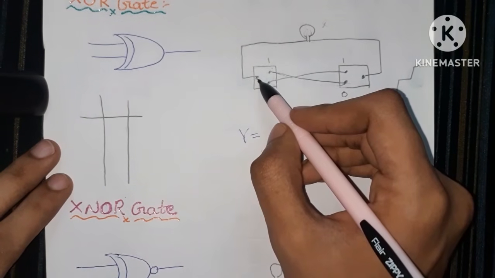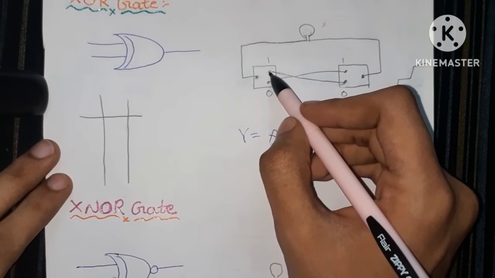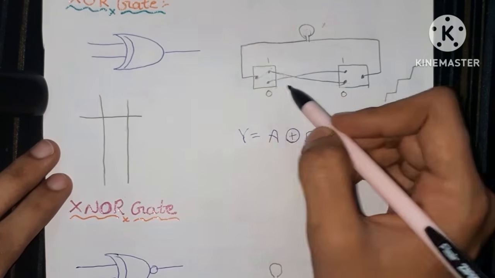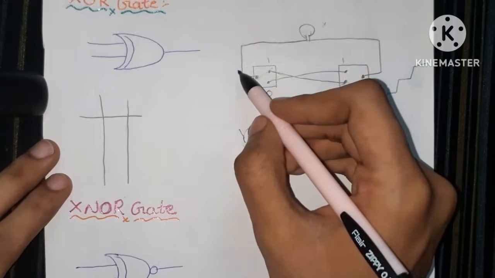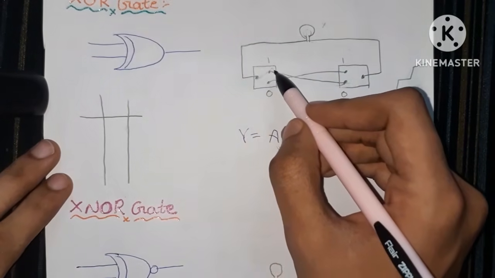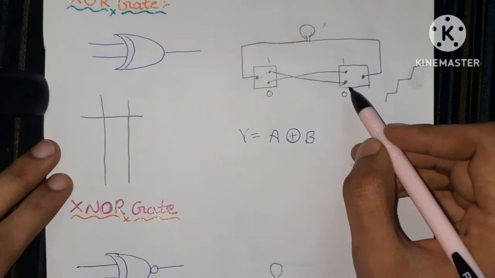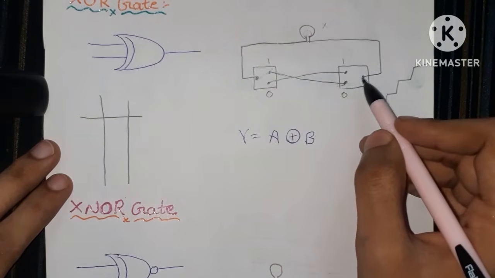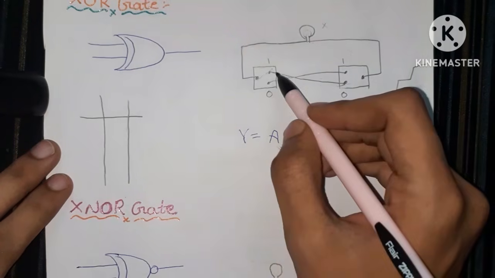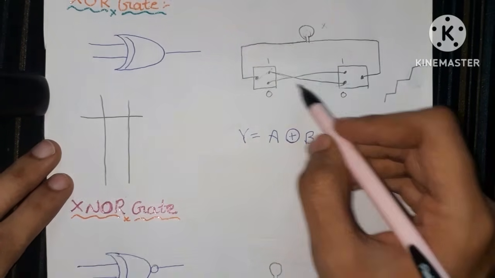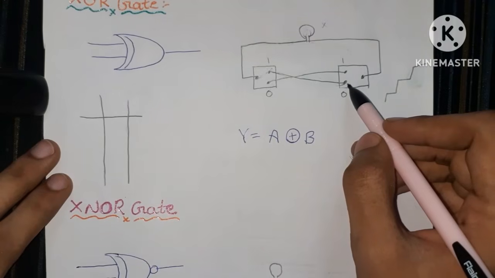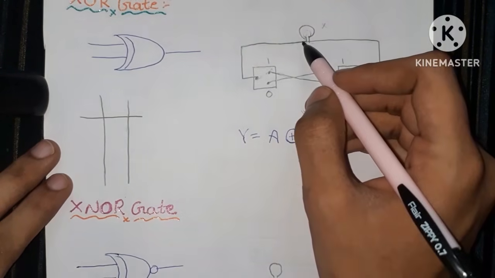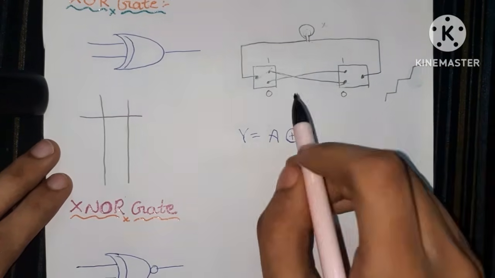If I make a connection between this normal switch and this one, will the bulb glow? See, the current comes like this and flows through like this, and here the circuit is closed, but here the circuit is open. If I have closed this circuit from here, then I also need to close this circuit from here. Then only will the current flow through the bulb and the bulb will glow, isn't it?